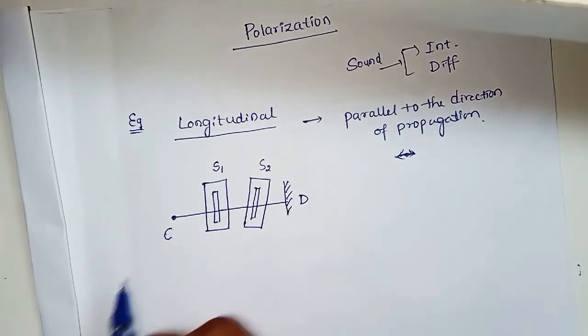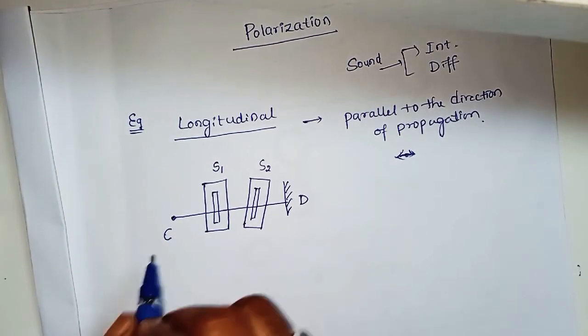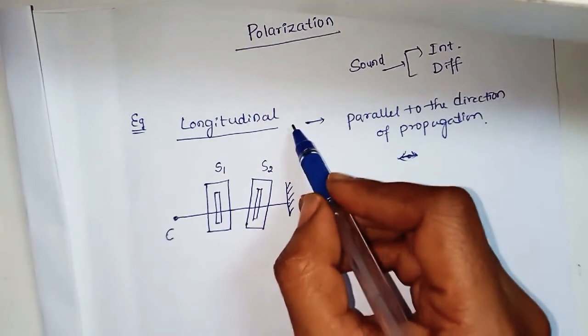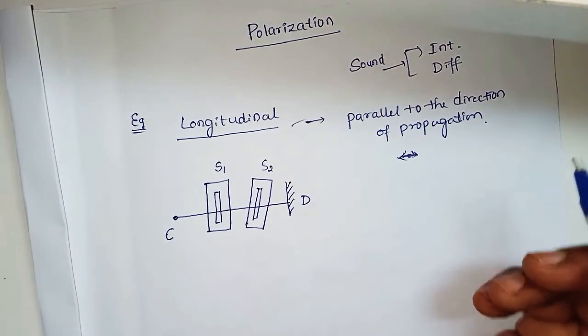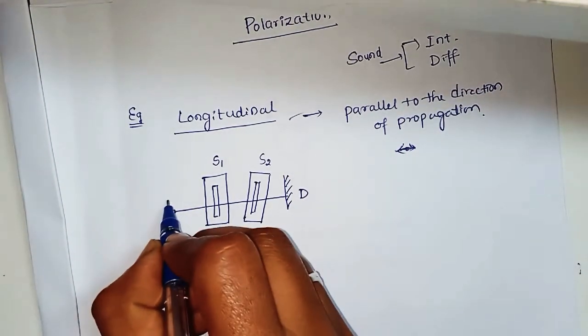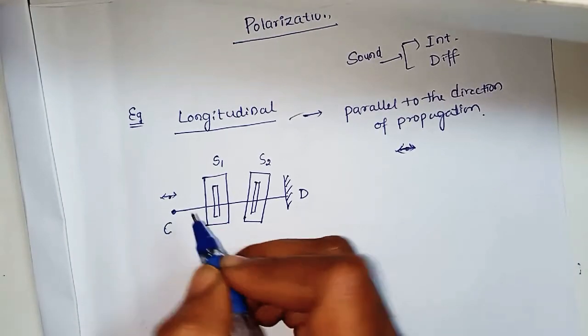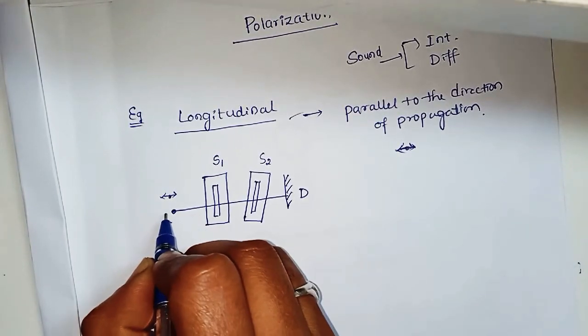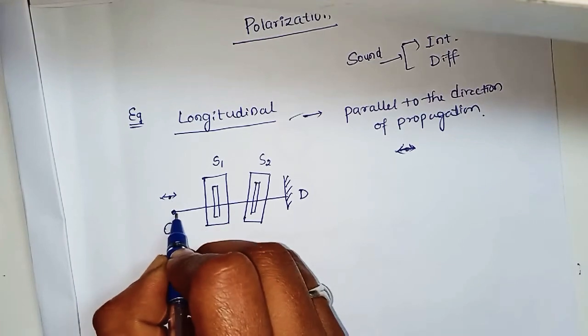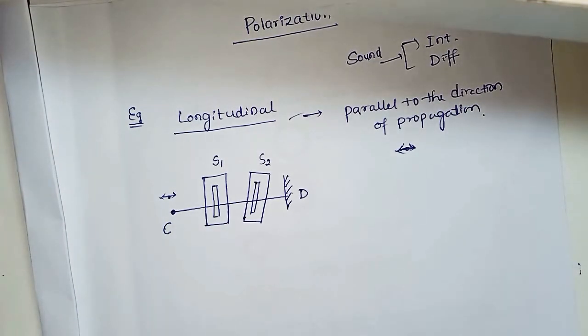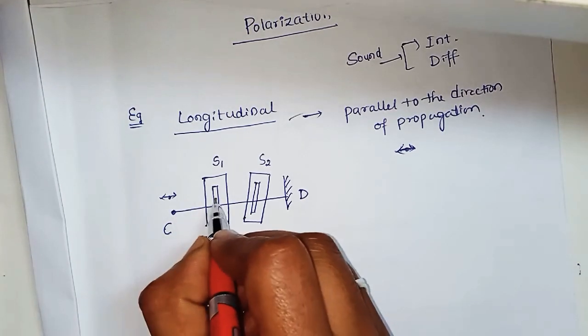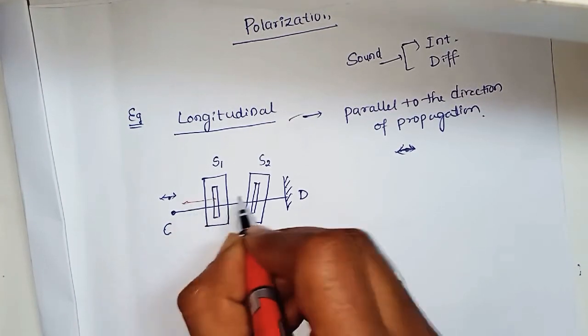At the free end, I am going to produce some longitudinal waves. The atoms will move in a to and fro motion direction. So it will pass through slit S1 like that.